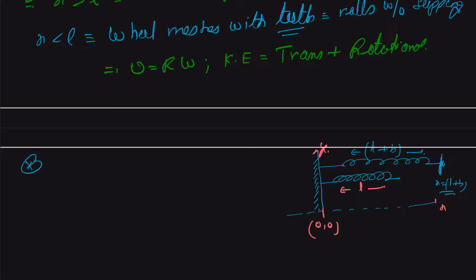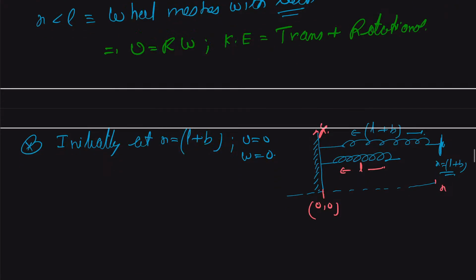So we can say initially at x is equal to L plus B, our V is equal to 0, and obviously omega will also be equal to 0. And let us now divide according to the region, whether x is greater than 0 or whether x is less than 0. So the entire discussion will be based on that.